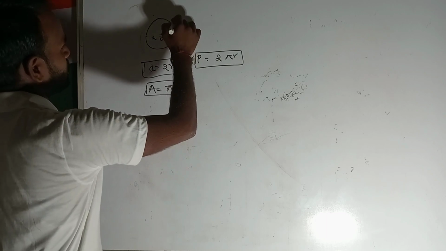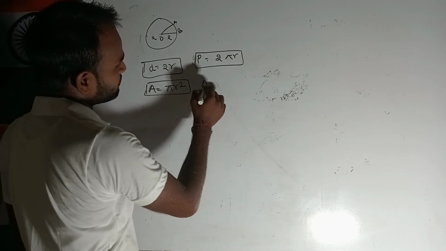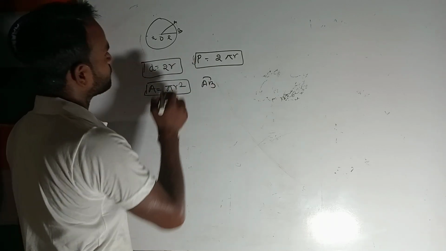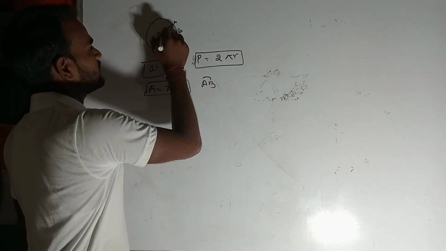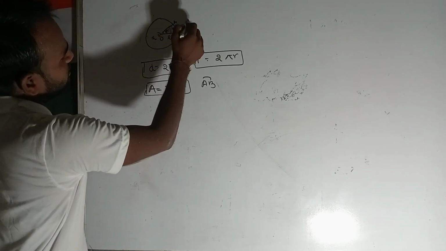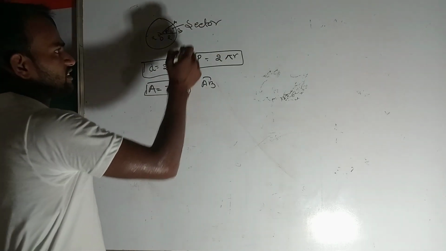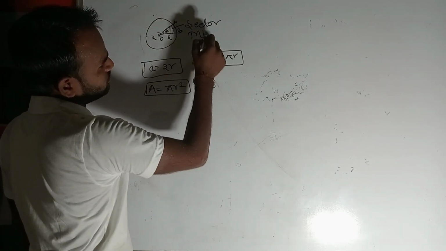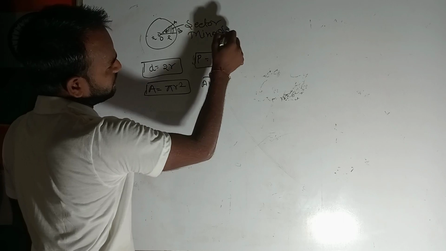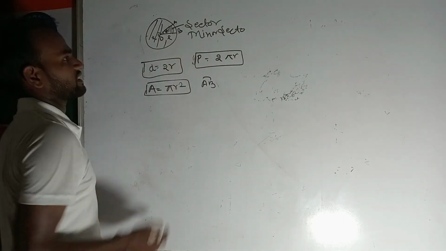This is point A and this is point B. Then AB will be your arc. This is the center and this is your angle theta, and this area is known as a sector. This is a small area, so it is the minor sector. The rest will be called the major sector.